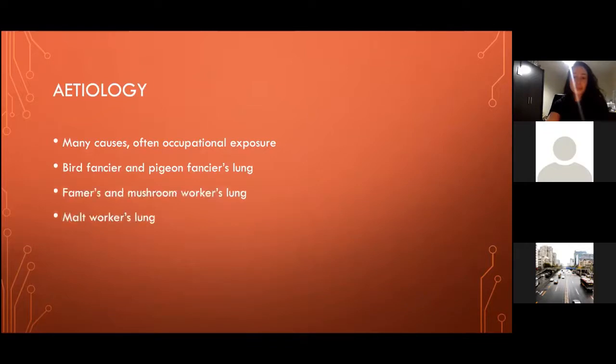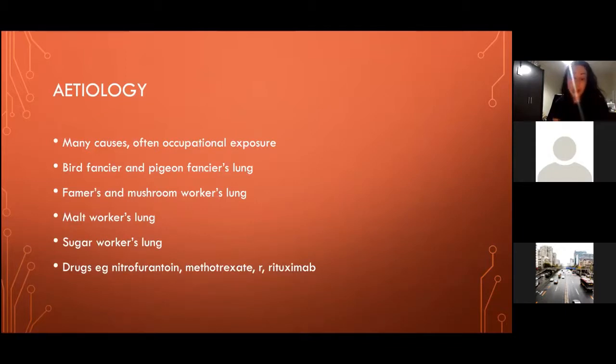So some causes, so there are many, often it's occupational. So there's a range of different ones, so bird fanciers and pigeon fanciers lung, farmer and mushroom workers lung. So the bird fancier, that's often proteins in bird droppings.